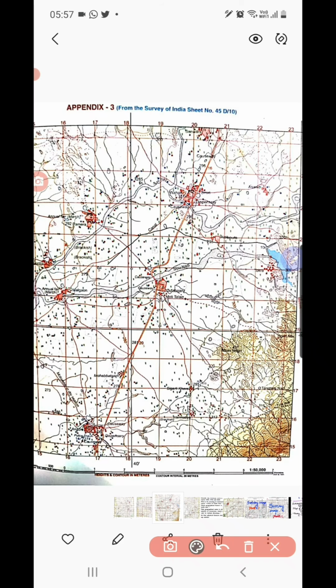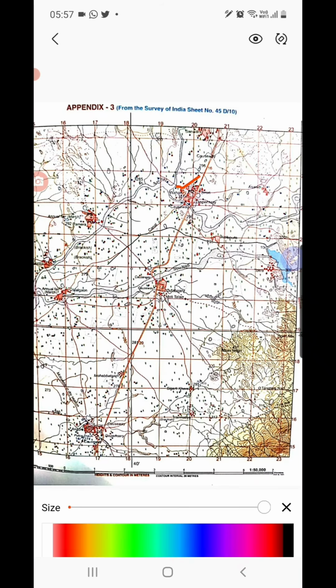Then metal road you can find in this. You can see this bold red line. This is the metal road. So this is also a man-made feature. Other than that, you can see the water reservoir, or you can say a tank. Water reservoir or tank. This is a man-made feature.